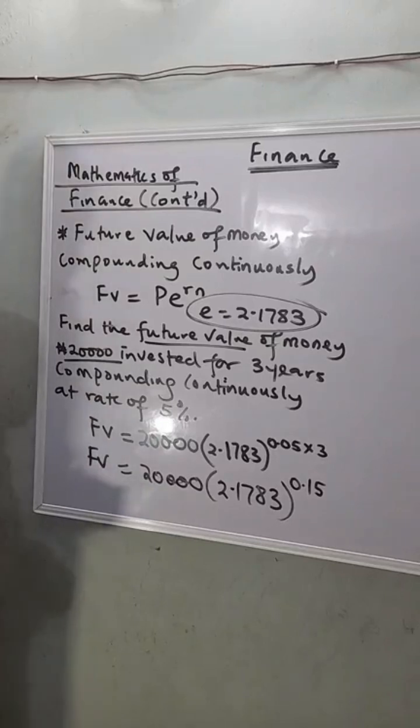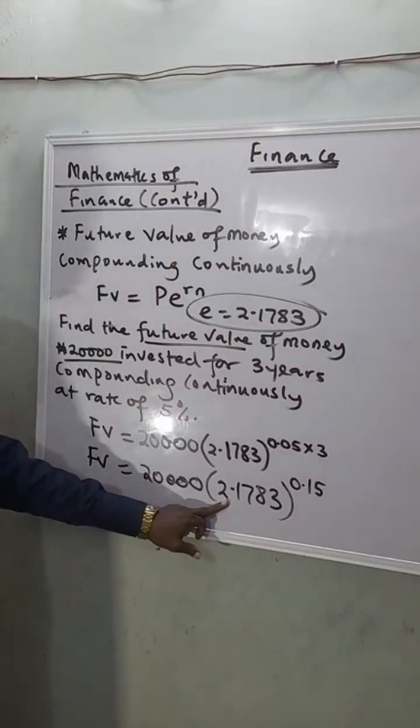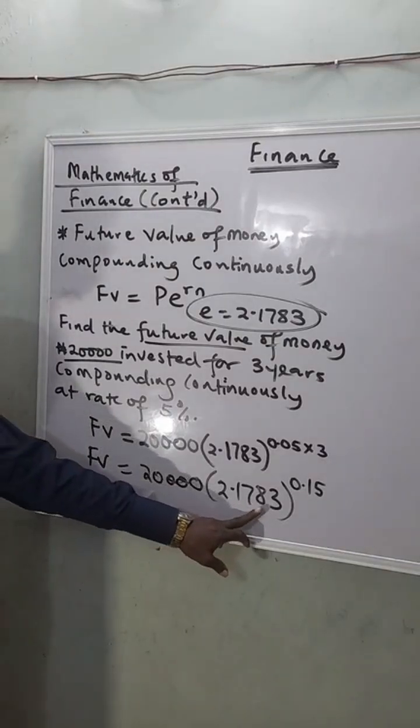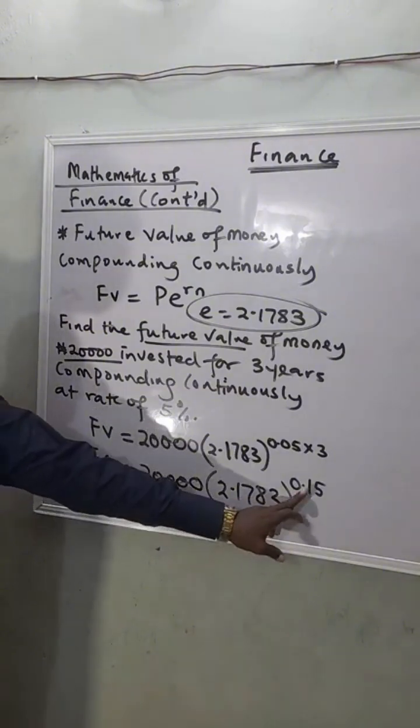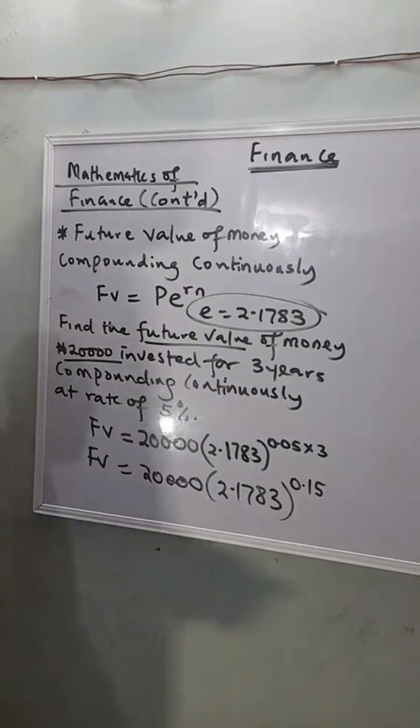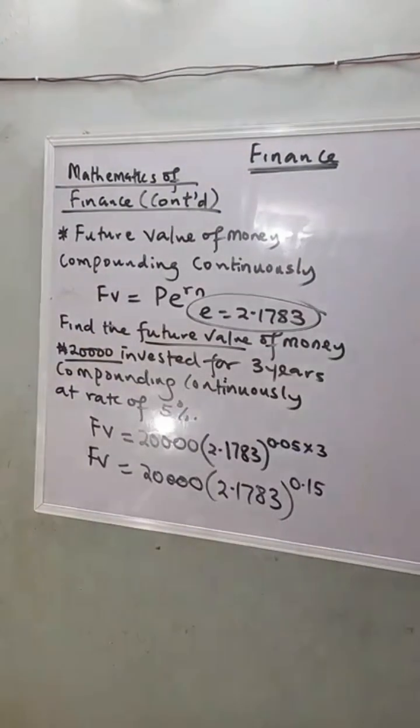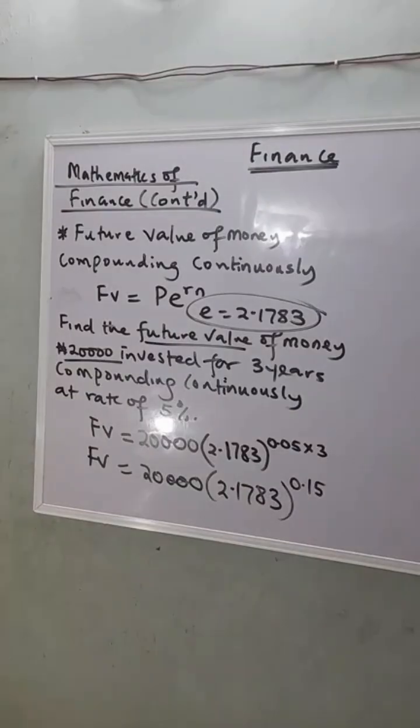So you press your calculator: 2.1783 raised to the power of 0.15, multiplied by 20,000. We'll get the value. So press your calculator in that manner.